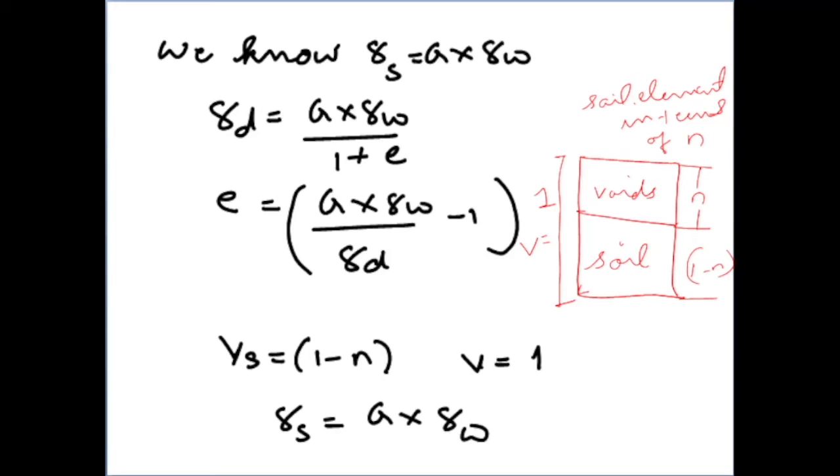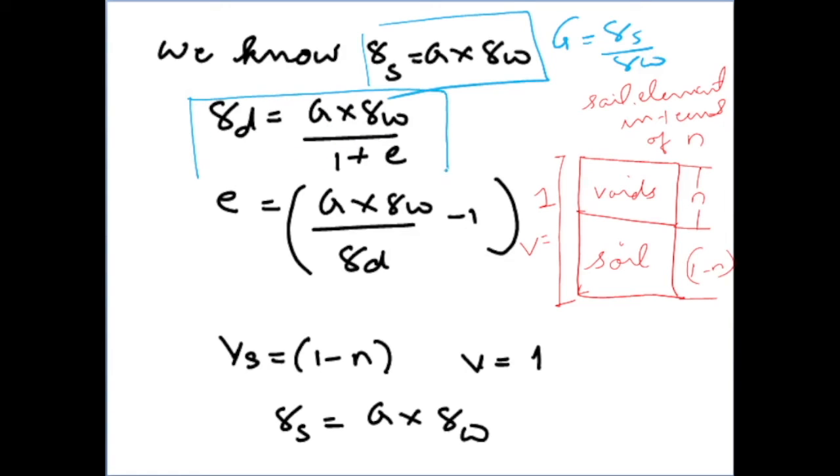Okay, now we already know this, which I had already derived. Specific gravity is nothing but gamma s by gamma w. So what is gamma s? It can be written as G into gamma w. So let me substitute. Gamma d is equal to G into gamma w divided by 1 plus e.